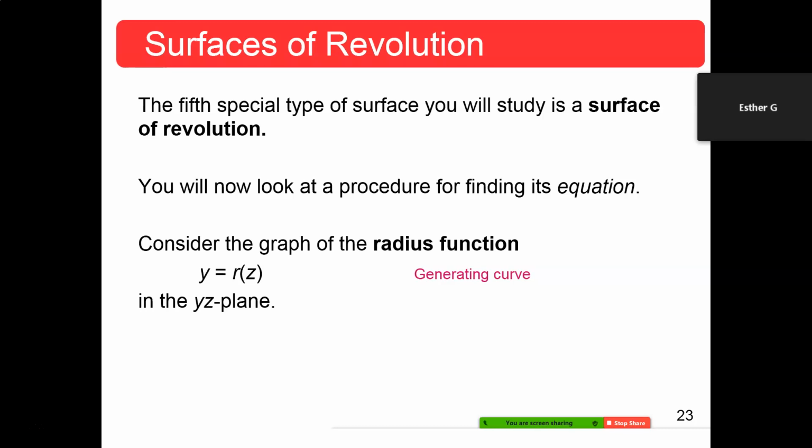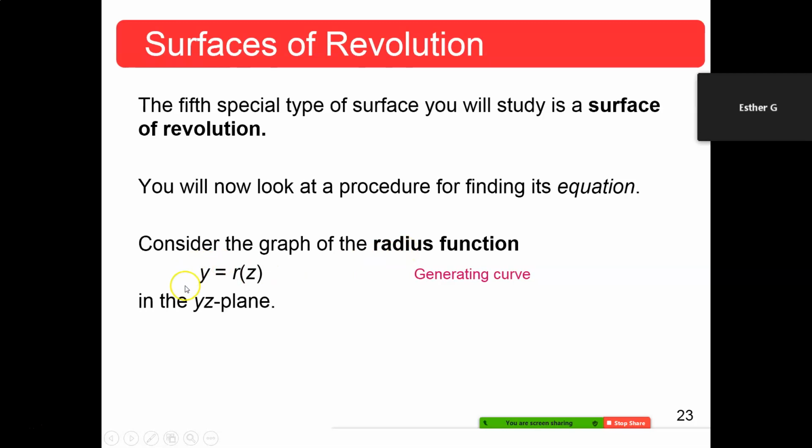We'll now look at a procedure for finding the equation of a surface of revolution. Let's consider the graph of the radius function, y is equal to r of z. Y is a variable, z is a variable, r is your radius function.